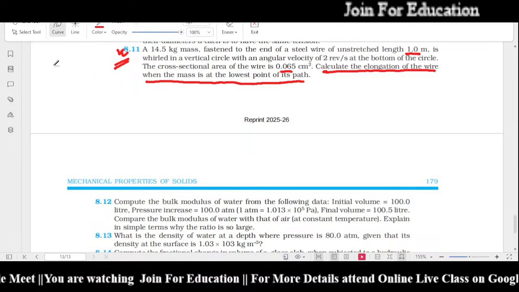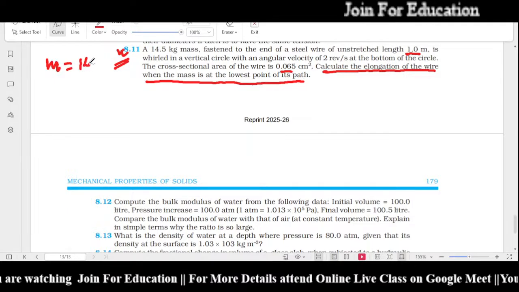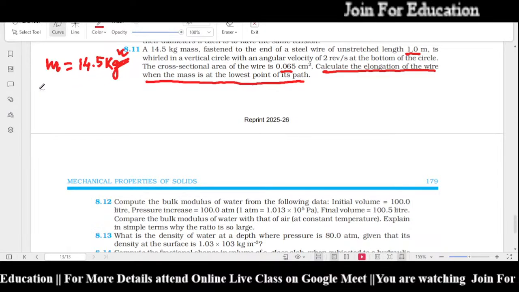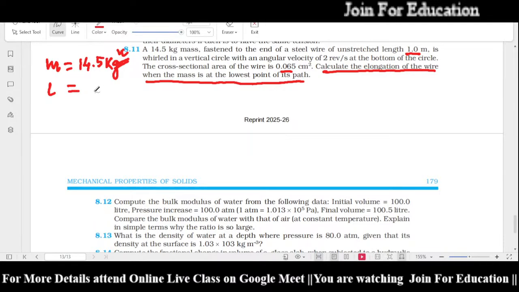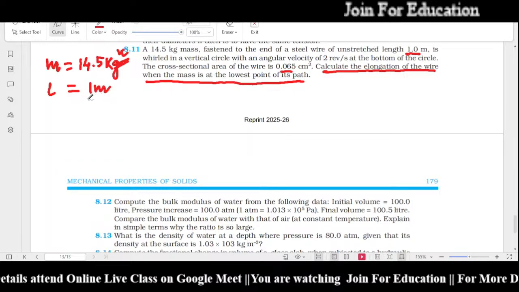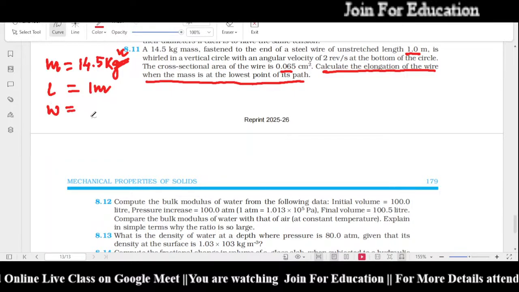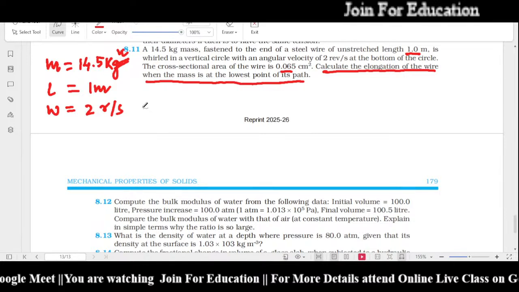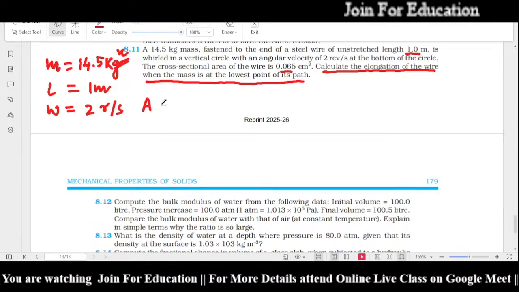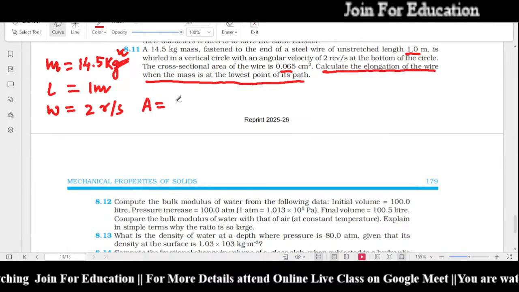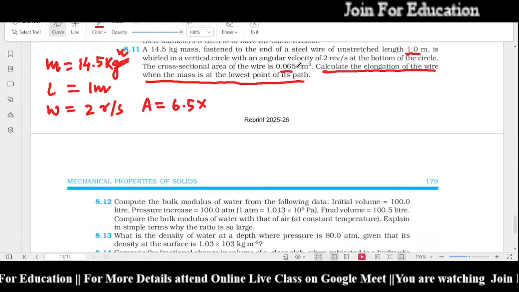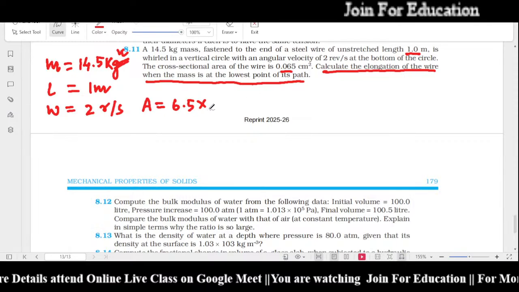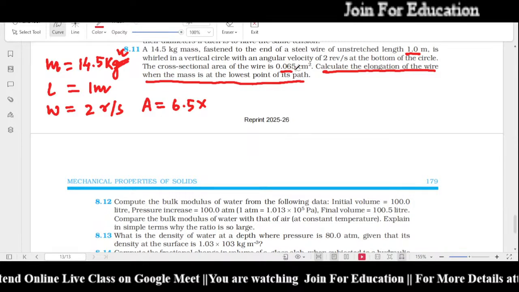From the question it is clear that m equal to 14.5 kg and L equal to 1 meter and omega equal to 2 rotations per second, and the cross-sectional area of the wire, which is generally denoted by A, is 6.5 into 10 to the power minus 2 when the decimal moves two digits to the right.